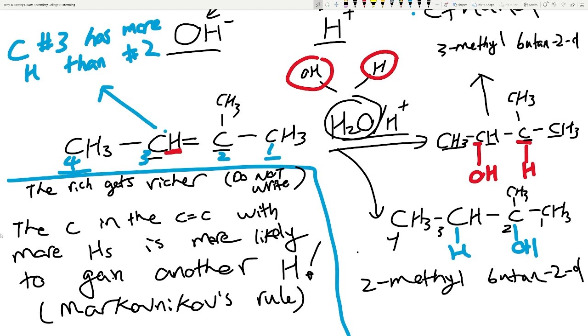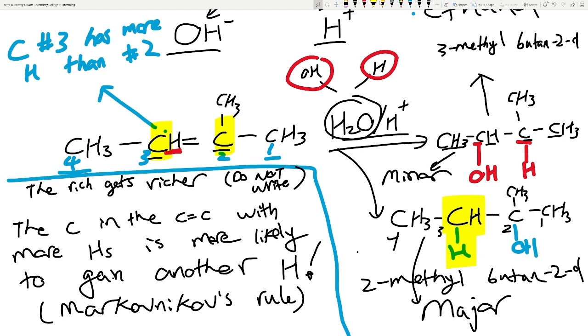We're only interested in the two carbons that are in the double bond. You just compare how many hydrogens they are directly bonded to. Carbon number 3 is bonded to 1, and carbon number 2 is bonded to 0. So carbon number 2, can you see, gets another hydrogen? So this is more likely going to take place. So this is our major product, and this is our minor product.